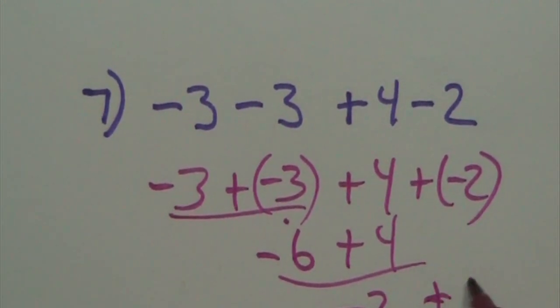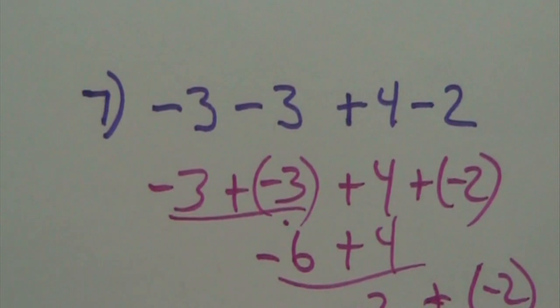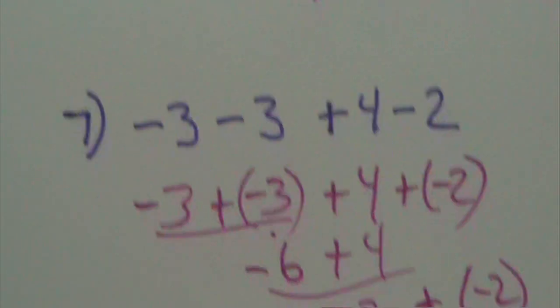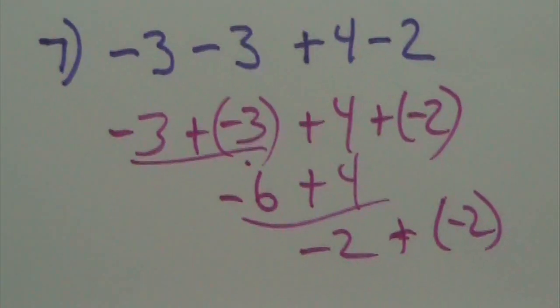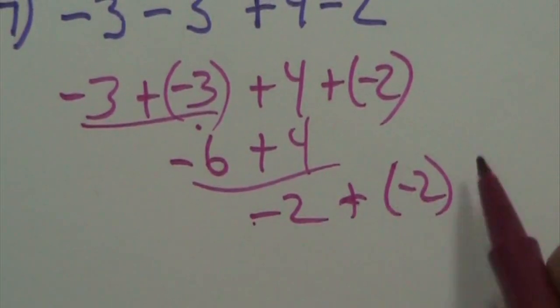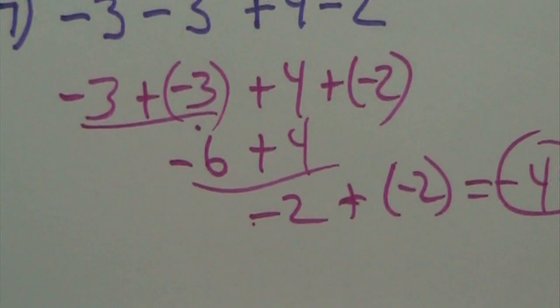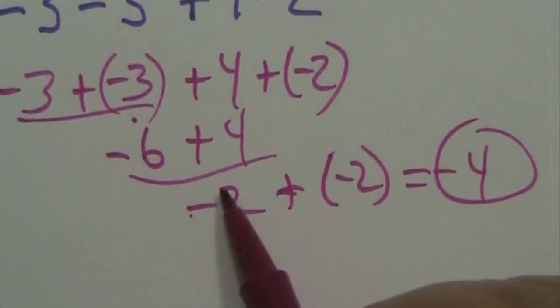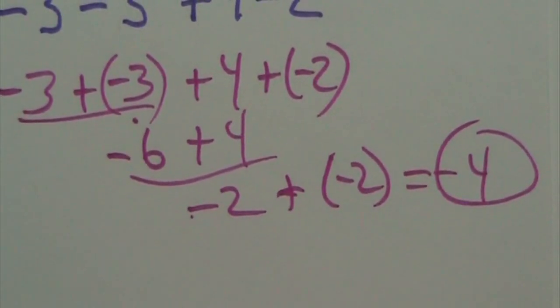And then you have another negative 2. So what is negative 2 and negative 2? Negative 2 and negative 2 is negative 4. They're same sign, so you just add them up.